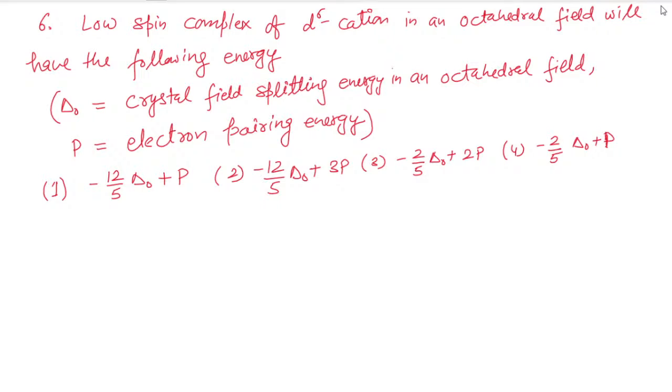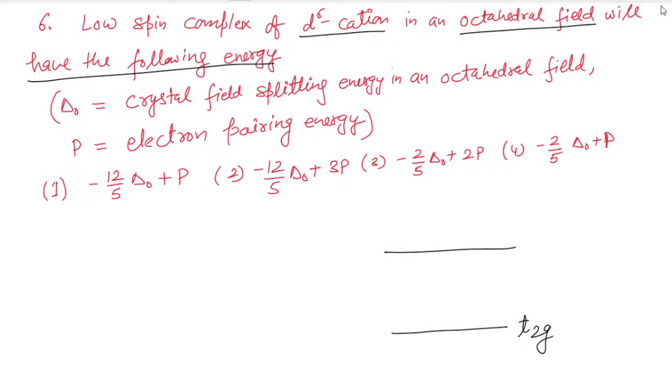Now question number 6. Low spin complex of d6 cation in an octahedral field will have the following energy. We have to calculate the energy. Okay, so again the complex is octahedral, so obviously splitting is t2g and eg.